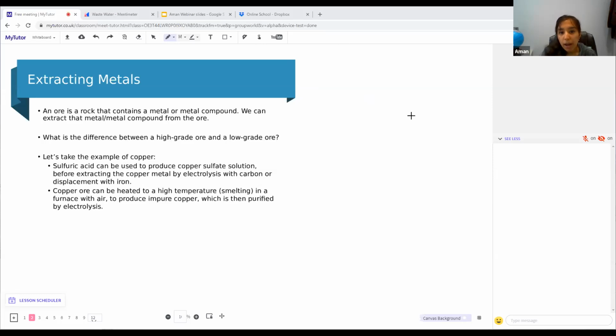If we write that out then, because we looked at displacement reactions last week, just as a recap, copper sulfate: copper is a Cu2+ ion, sulfate is SO4 2-. So copper sulfate is just CuSO4. We then react that with iron, which is Fe. Because a displacement reaction is taking place and iron is more reactive than copper, iron is going to kick that copper out, so we end up with iron sulfate.